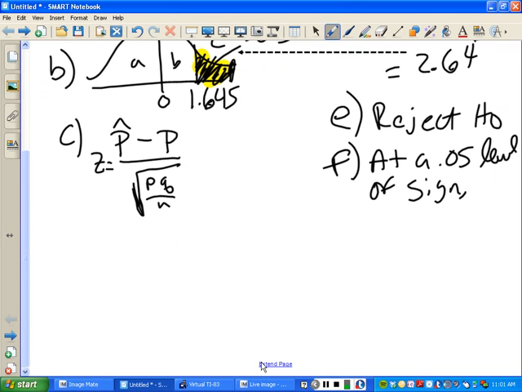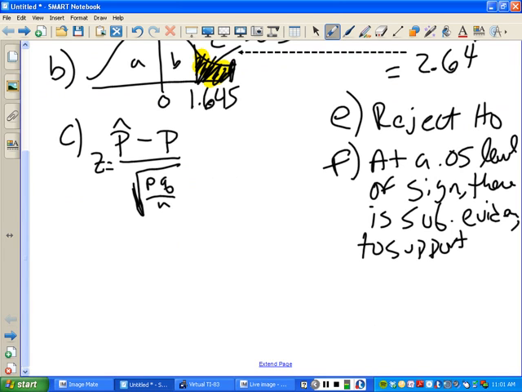At a 0.05 level of significance, there is sufficient evidence, that says evidence, by the way, to support the claim that P is greater than 0.5.